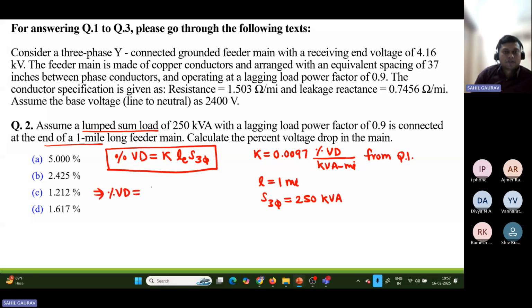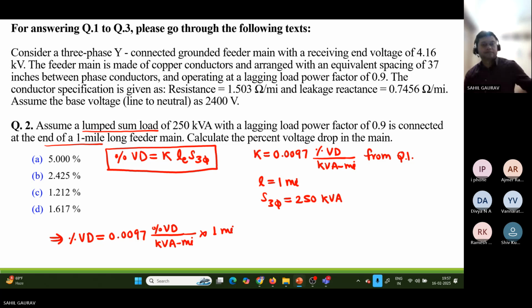Percentage voltage drop will be then 0.0097. Always write all the units, so there is less chance of mistake. So 0.0097 percentage voltage drop per kVA mile. Now L is given as 1 mile and S three phase is given as 250 kVA.